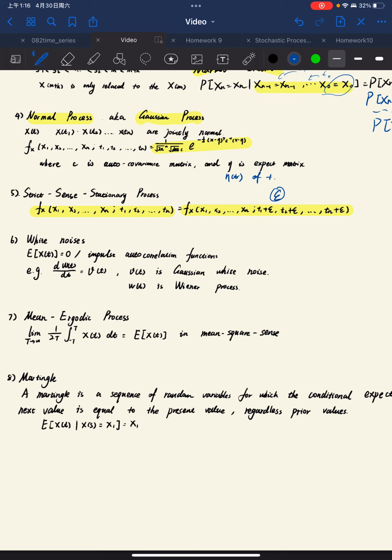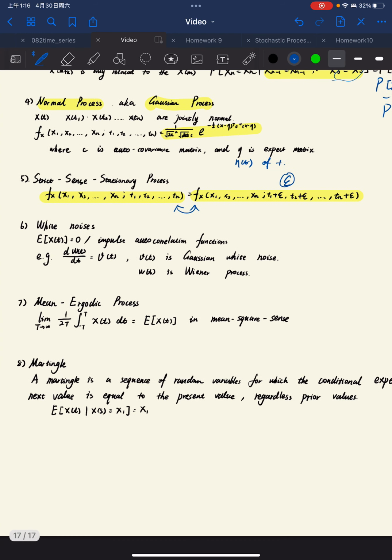This process is basically really hard to meet, and if we really want to prove some property of it, we have to prove this equation.